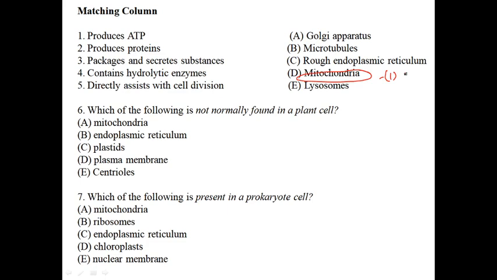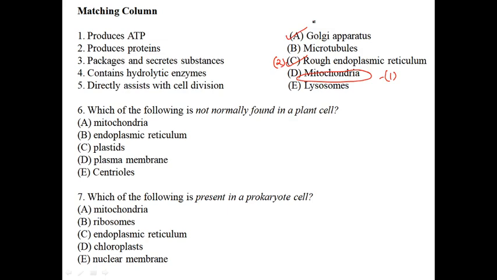Which produces protein? As we know, the proteins are produced by ribosomes, and ribosomes are attached to rough endoplasmic reticulum. Third, which packages and secretes the substances? That's Golgi Apparatus.